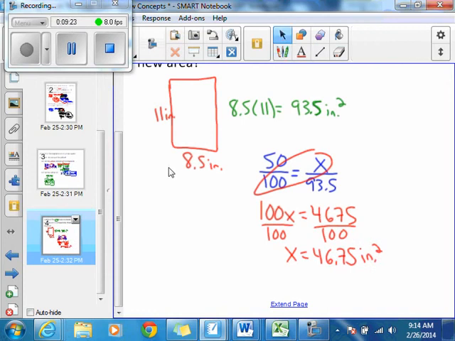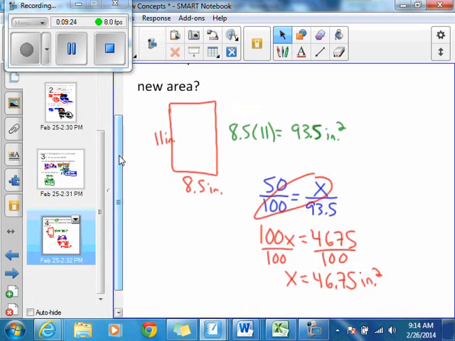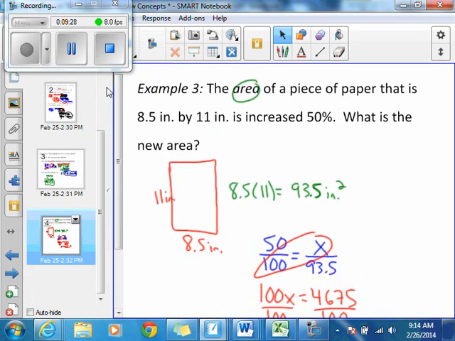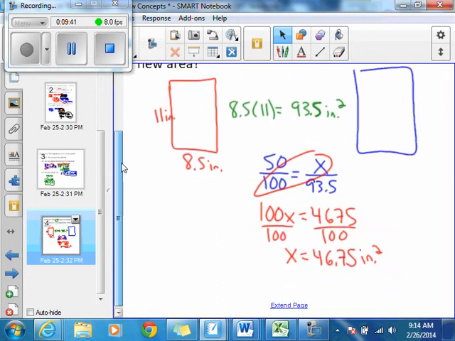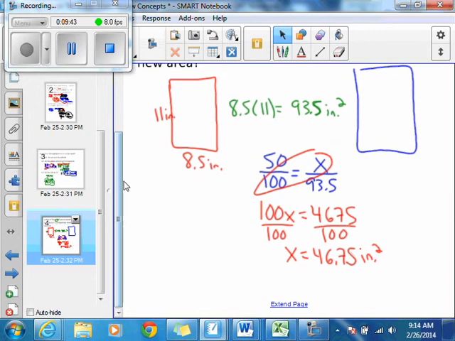Let's see if that answer makes sense. The area of my piece of paper is increased 50%, which means it's going to get bigger. So if my area gets bigger, is it going to go from 93.5 all the way down to 46.75? No, it's not. 46.75 is actually how much it gets increased by.